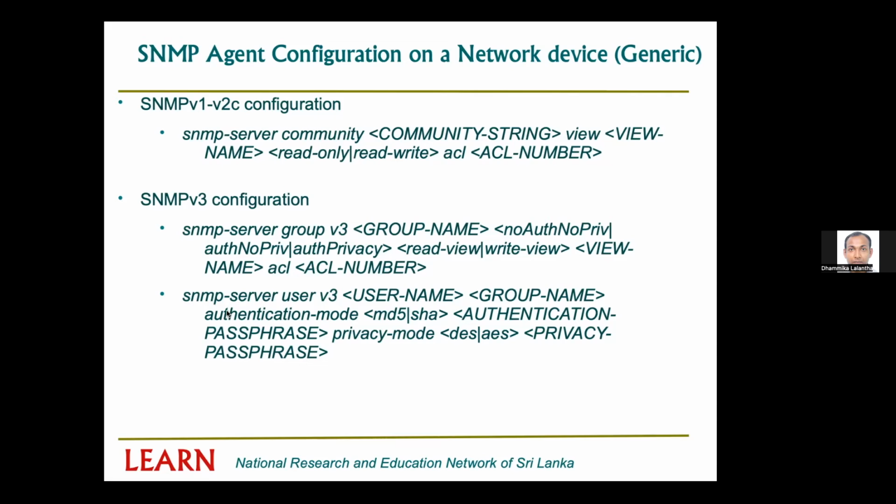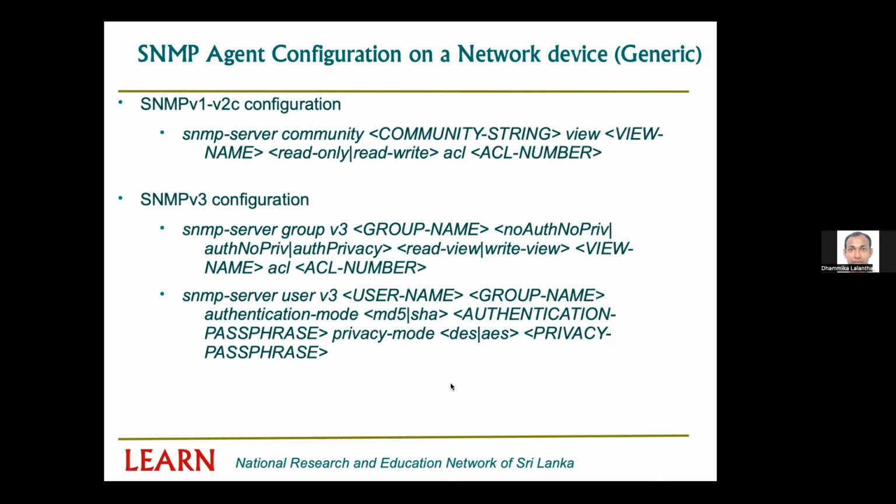This is some configuration with the passphrase password. We specify here the group name and the authentication mode with the MD5 or SHA hashing function, then the authentication passphrase, and the privacy mode, which encryption function is being used, and the privacy password.